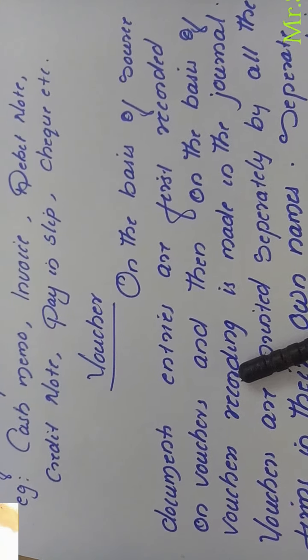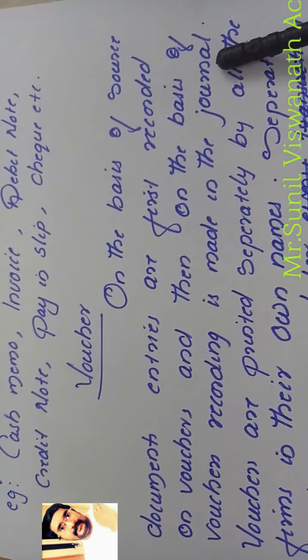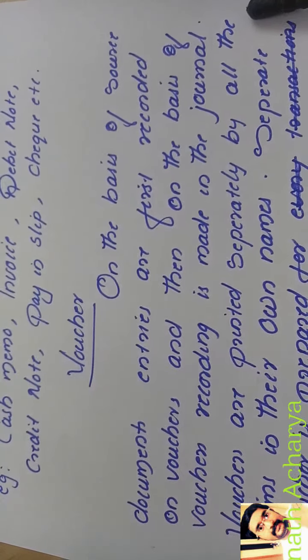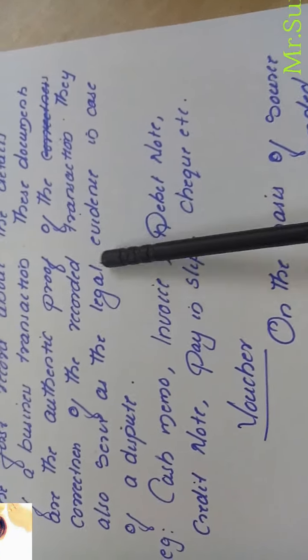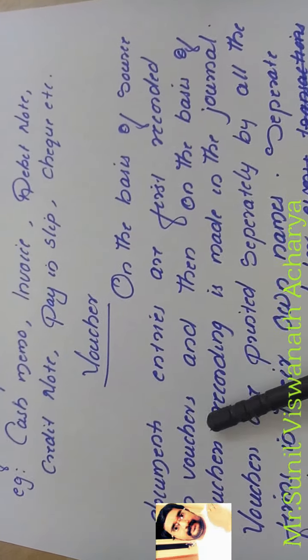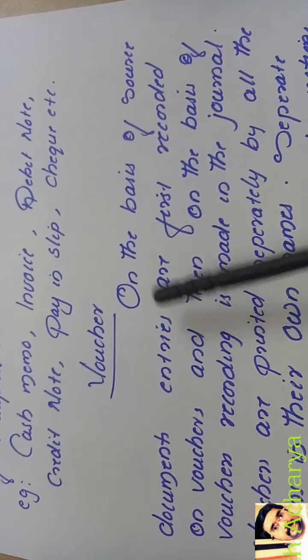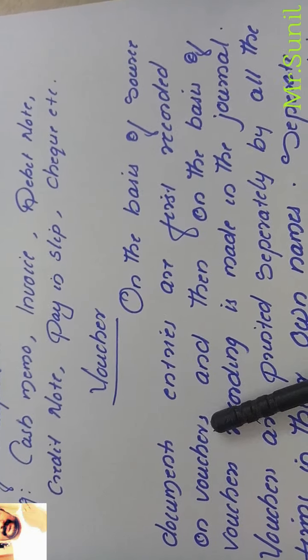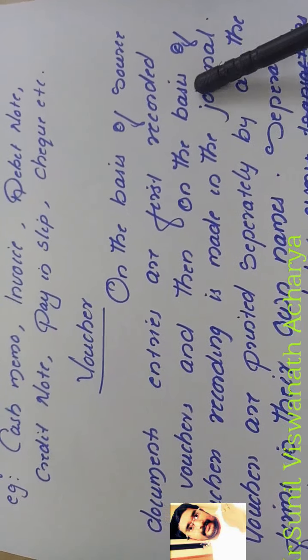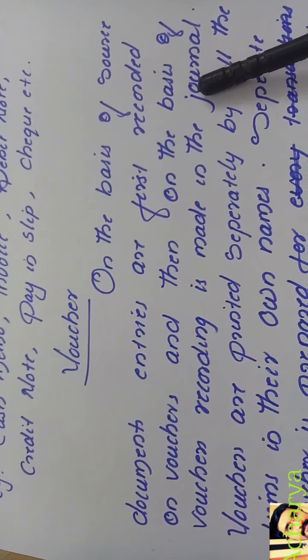Then on the basis of the voucher, we are recording in the journal book. We already said there are two main books, the journal and the ledger. From the authentic proof of the source document, we record these transactions on the voucher. Then with the help of this voucher, we record it in the journal.